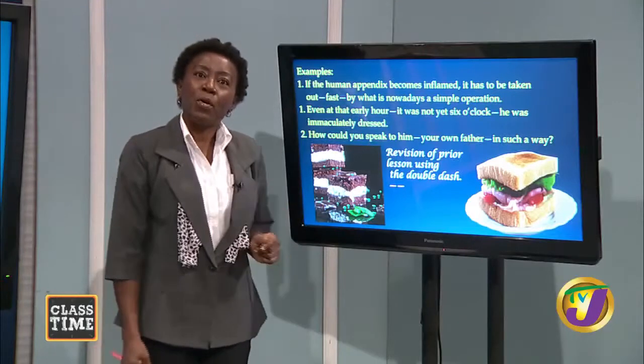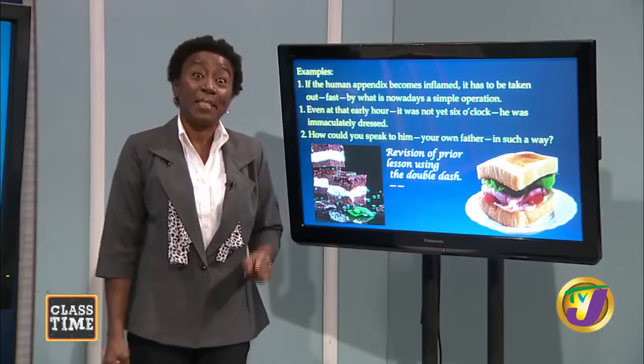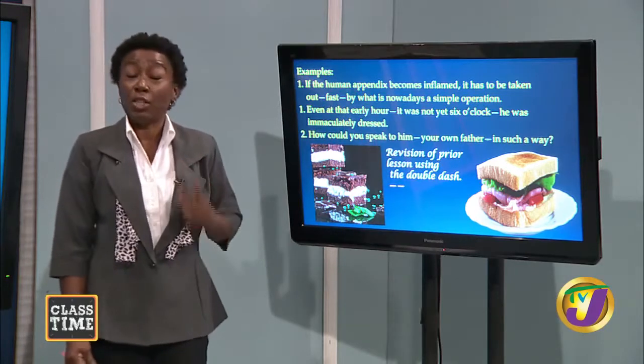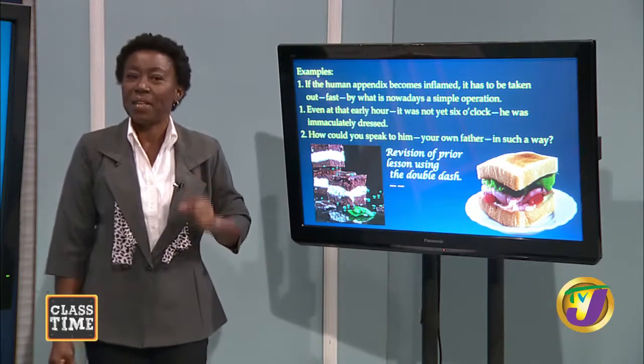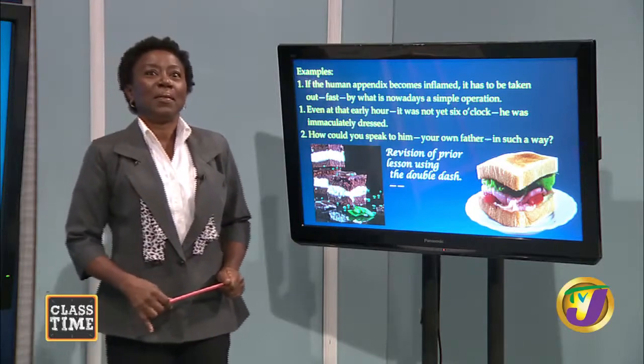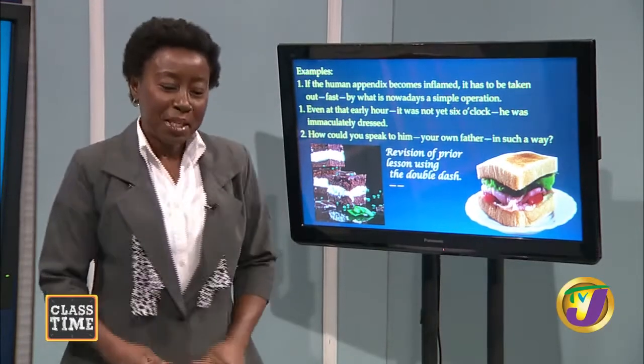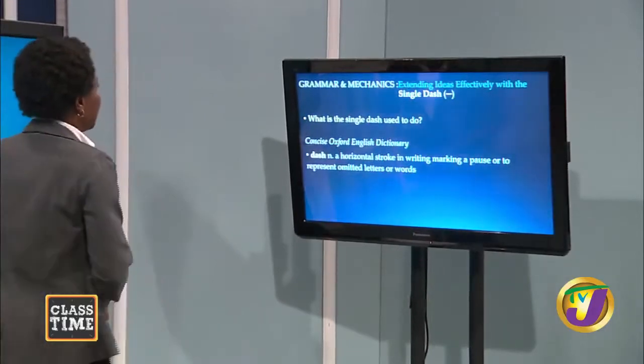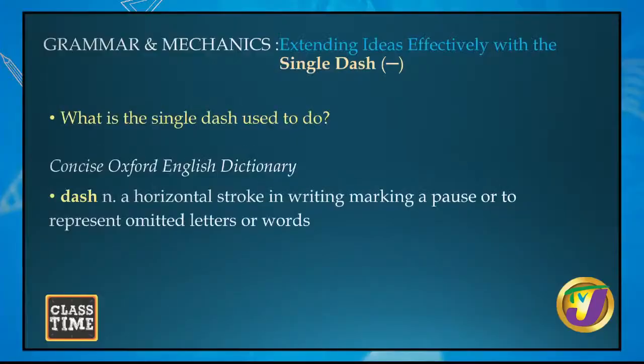We are doing this because today we are still on dash. And in mechanics, we have double dashes and we have the single dash. Let us go and continue what we are doing. All right. What is a single dash used to do? The double dash marks off an additional thought in a sentence or encloses an interruption in the sentence.